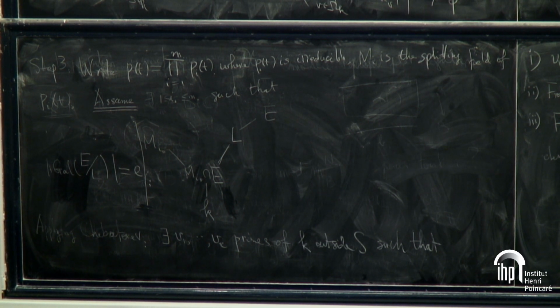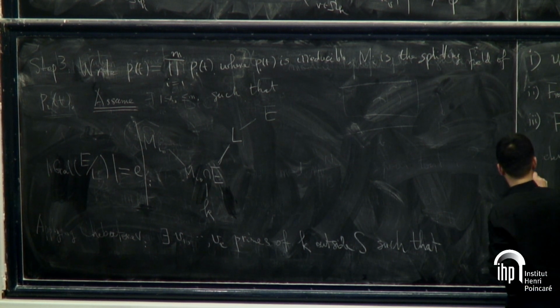Because of finiteness, for i equal 1 to e minus 1, I accept the trivial one.